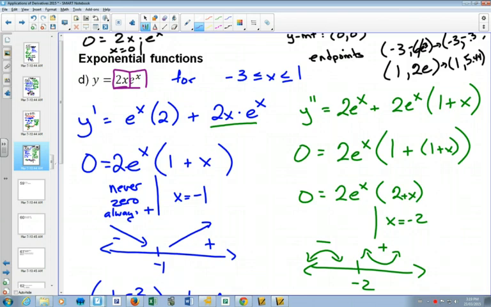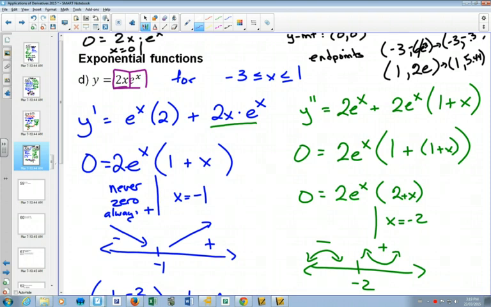And in this case, an exponential is always going to be more powerful than just a linear function. It gets bigger a lot faster. So it's getting closer to 0 faster than 2x is getting close to infinity. And so that's part of the reason why this function, as we go to negative infinity, gets close to 0.